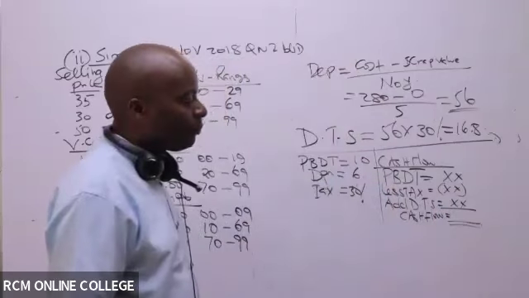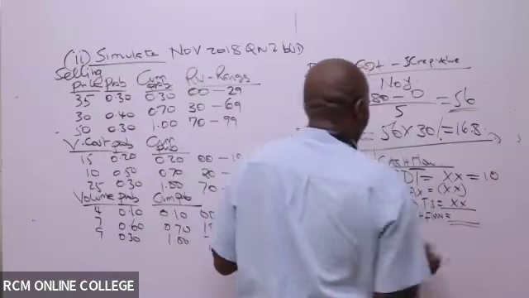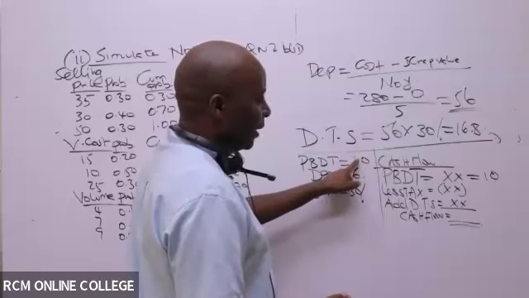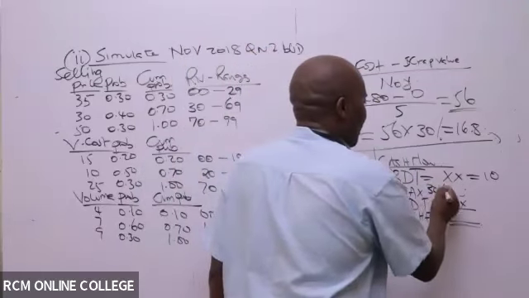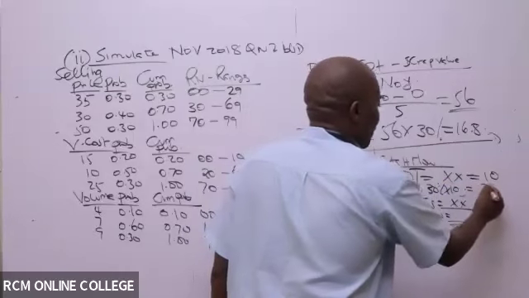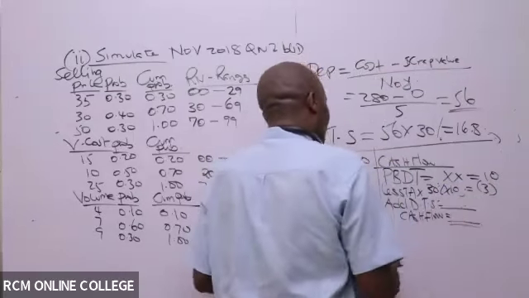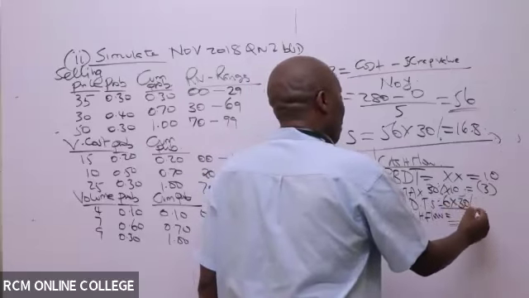So like in this case here, the PBDT is 10. Then tax will be 30% of this 10, which gives me 3. It's a deductible. And then depreciation tax shield, you take the depreciation itself, which is 6, you multiply with the rate of tax, 30%.